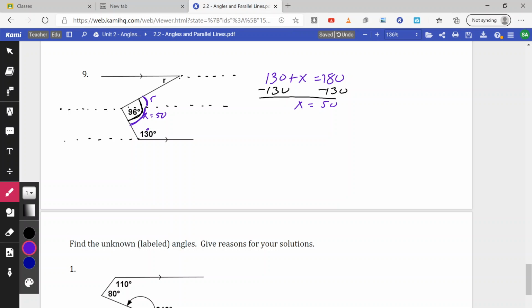So now that we know the two parts and the whole, one part is 50, the other part is R, the whole way is 96. If I add up my two parts, 50 plus R, I'm going to get the whole thing, 96. If I subtract 50 from both sides, we get R equals 46 degrees.